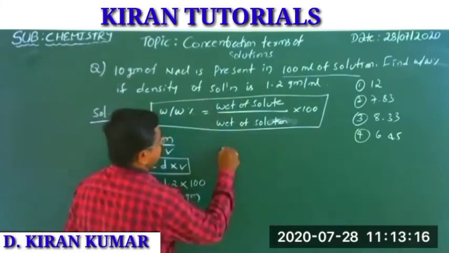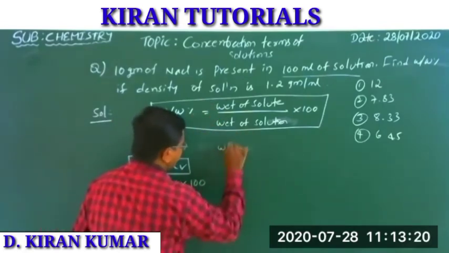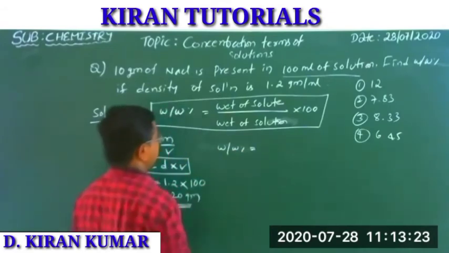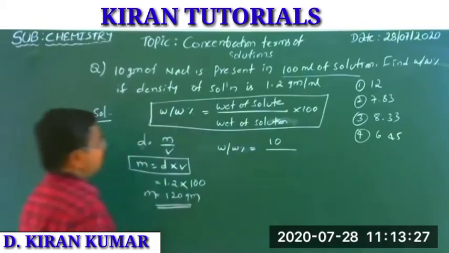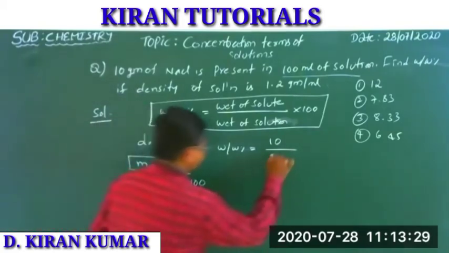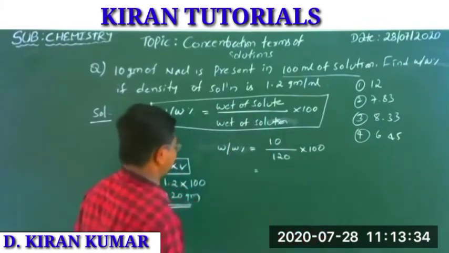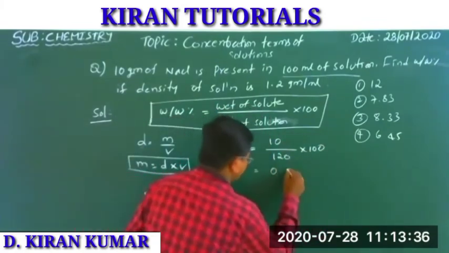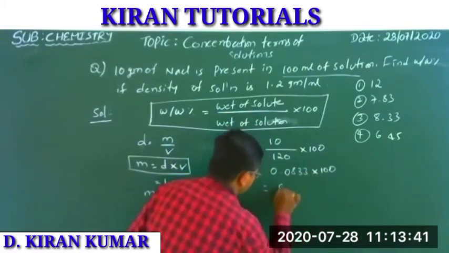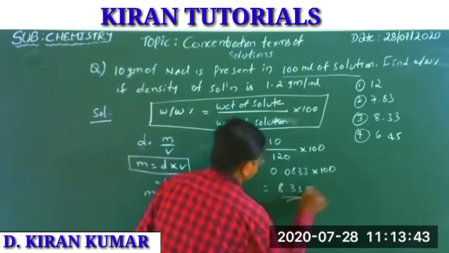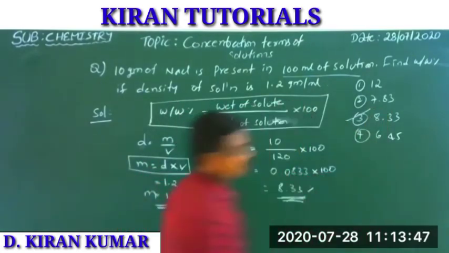Then the formula: weight by weight percent is equal to weight of the solute 10 by weight of the solution 120 into 100. So that is 10 by 120, 0.0833 into 100, that is equal to 8.33. That is the answer. So that option is correct. Clear?